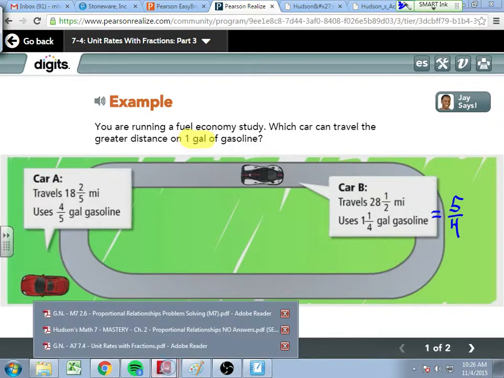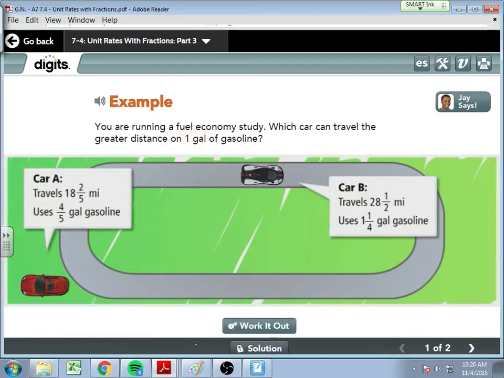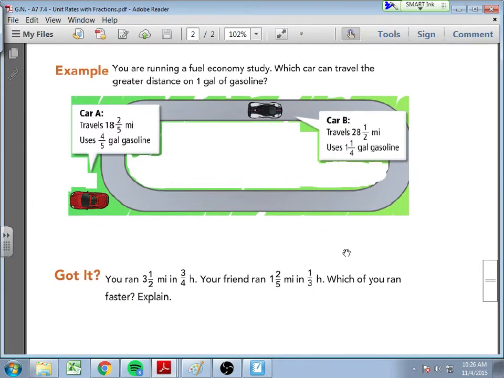I'm actually going to hop over to the notes page so I have some blank paper to do this on. How do you figure out how to set it up? So, since it gives me the distance traveled on 1 gallon, that tells me I want the miles we can go per 1 gallon. And unit rate always has the 1 last, or the 1 in the denominator.